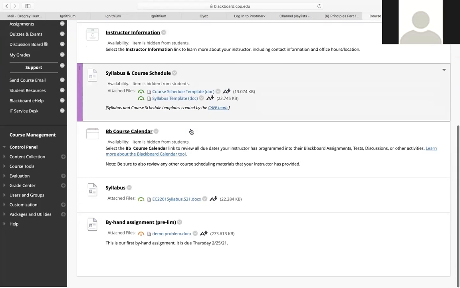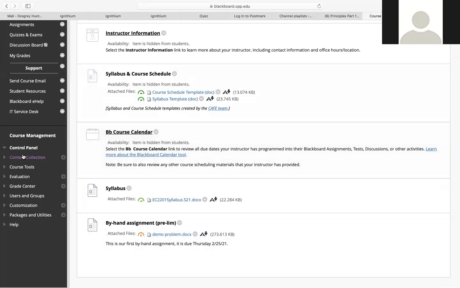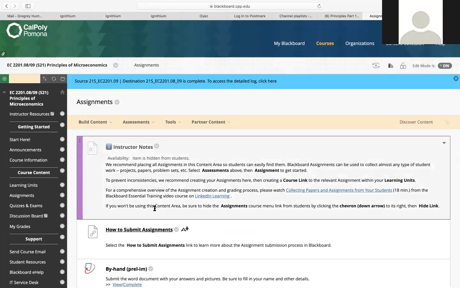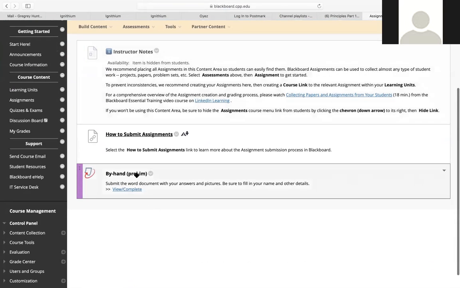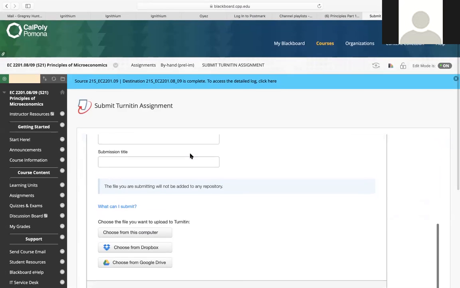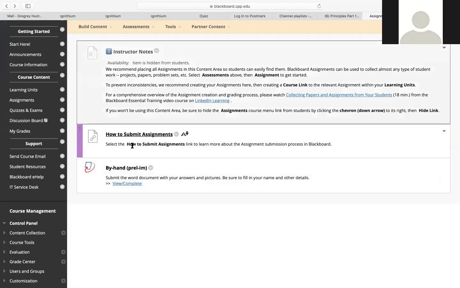Yeah, we can. So I don't know if you have or haven't downloaded this demo problem, but I want to point out that if you go under assignments, there's this by hand assignment. If I click view and complete, it should give me the dates someplace that it's due, but let me go back.